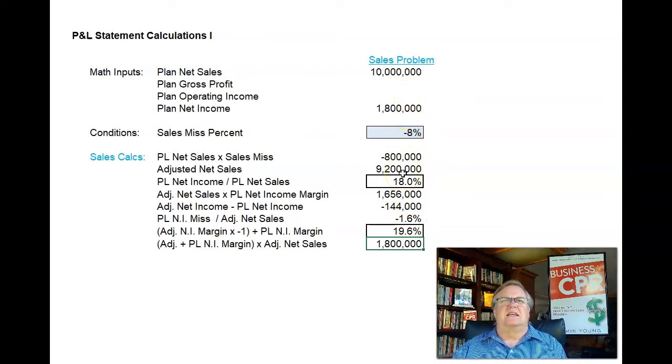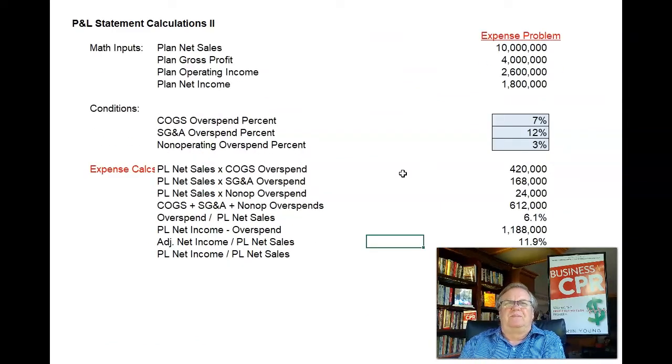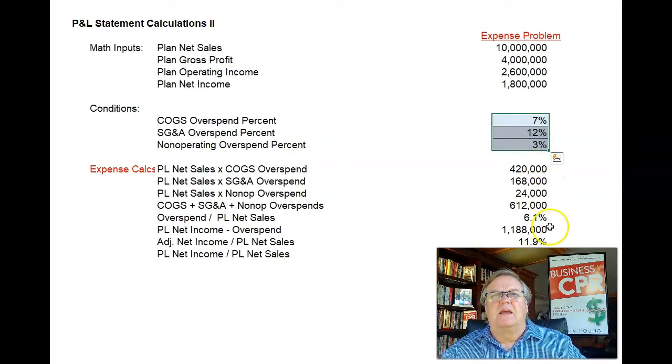Now let's look and see what an expense problem looks like. An expense problem is really a function of spending more than you're planning to spend, and it's best looked at as a percentage of sales. But in this case, we want to appreciate what the impact is on our bottom line. So for example, in this dynamic with these misses, you're losing this much.